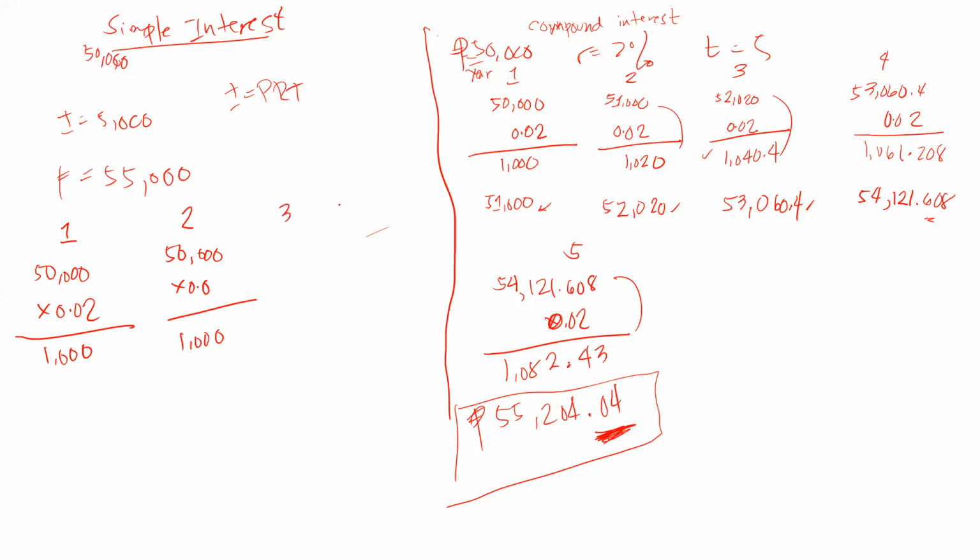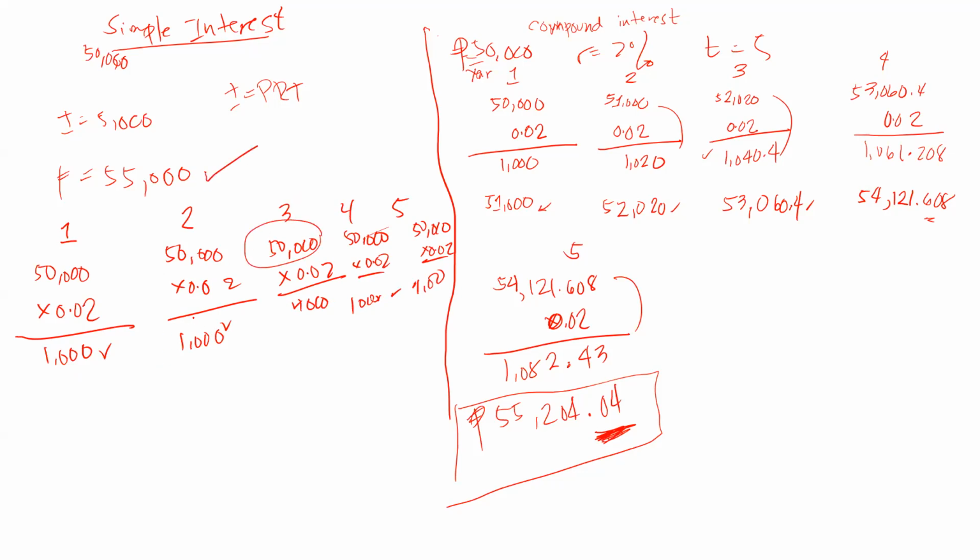And 3, 4, 5: 50,000 times 0.02, 1,000. For the fifth year, 50,000 times 0.02 is 1,000. So all in all, ang babayadan mo digdi is ining interest, which is 5,000 plus the 50,000. Kaya digdi 55,000 ang babayadan.